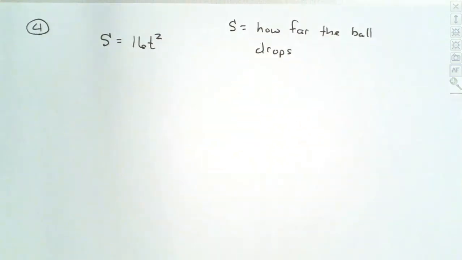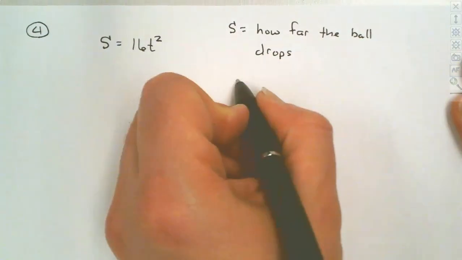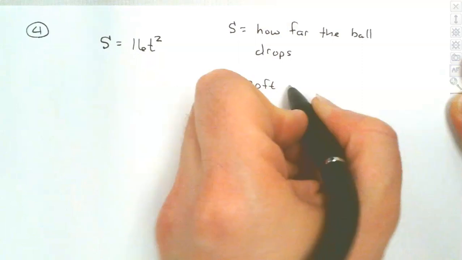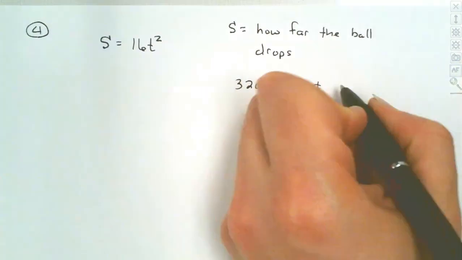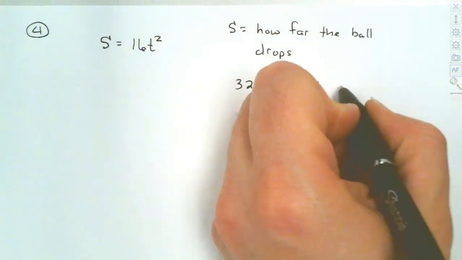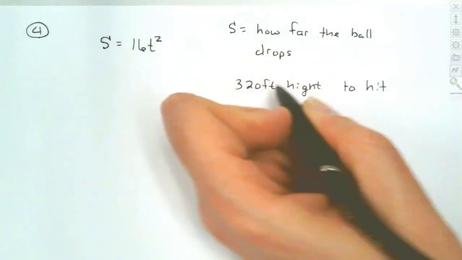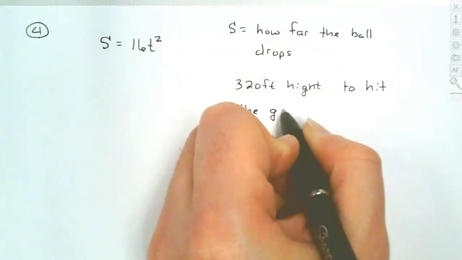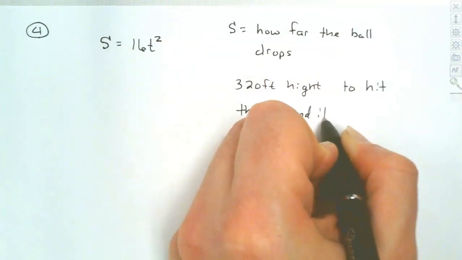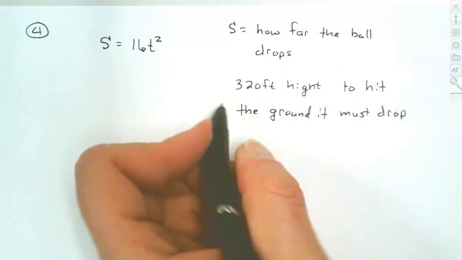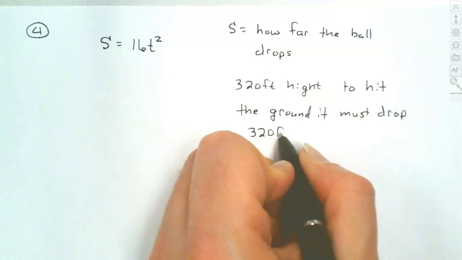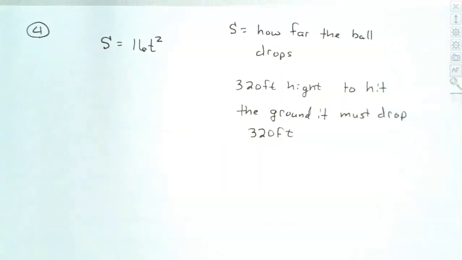We know that this ball is 320 feet high, or off the ground. So it must drop then to hit the ground. It must drop 320 feet.